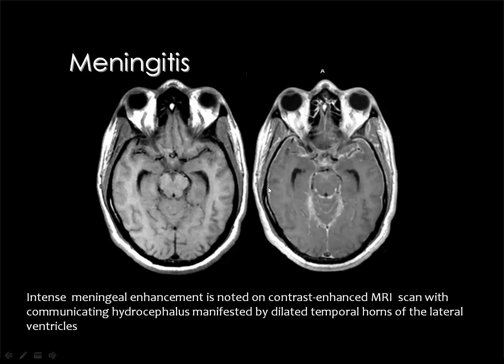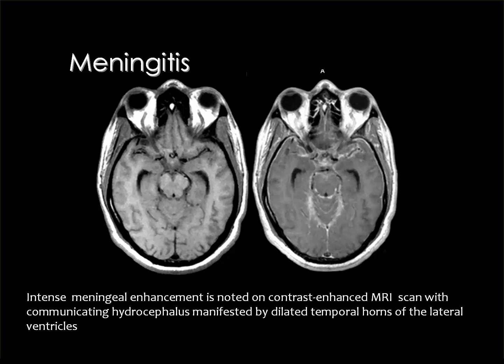And this is an example. In the pre-contrast study, you see distension of the temporal horns, meaning that the ventricles are dilated. After injection of contrast, you see enhancement of the basal cisterns, enhancement of the quadrigeminal cistern, the tentorial leaflets, and the cerebellar folia.